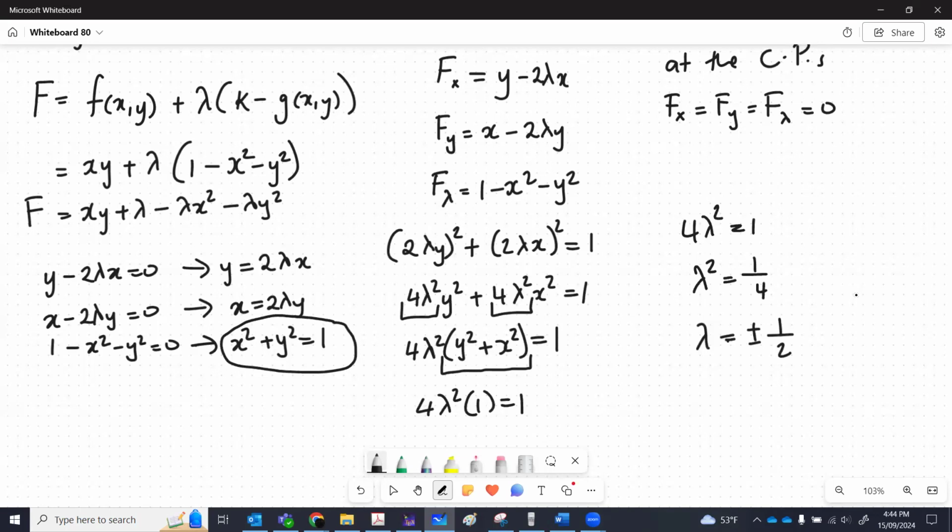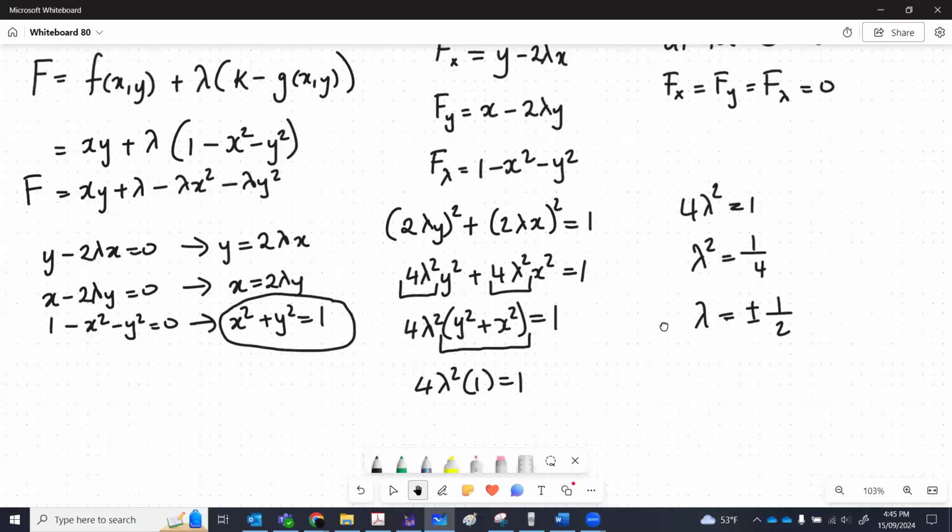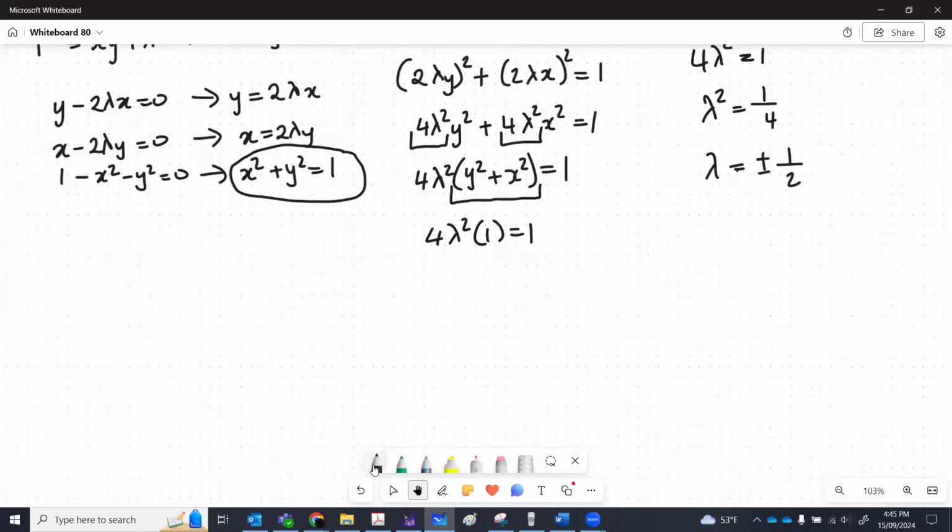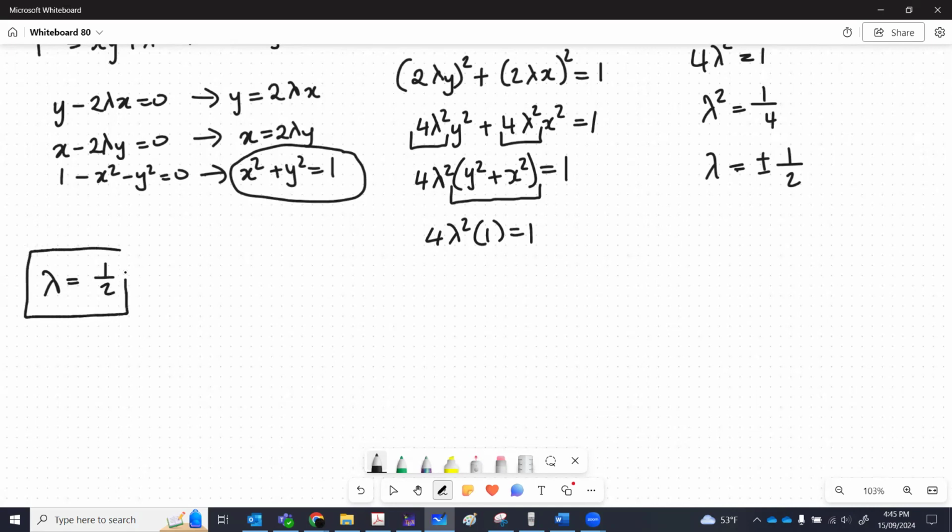So you can also go ahead and solve for x and y, because we now know what lambda is. Go back here, we substitute. There will be more than one critical point, that is normal. So if lambda is equal to positive half, this means x is equal to 2 times half times y.